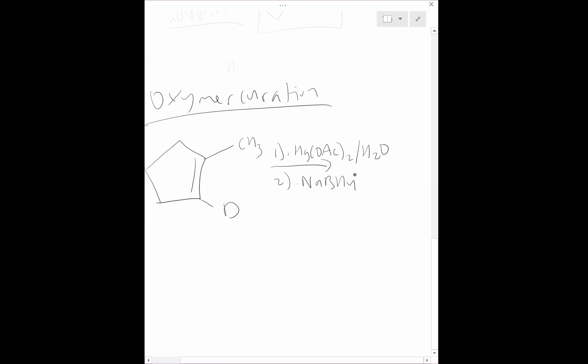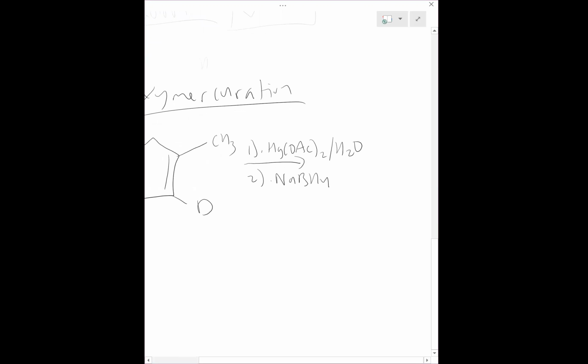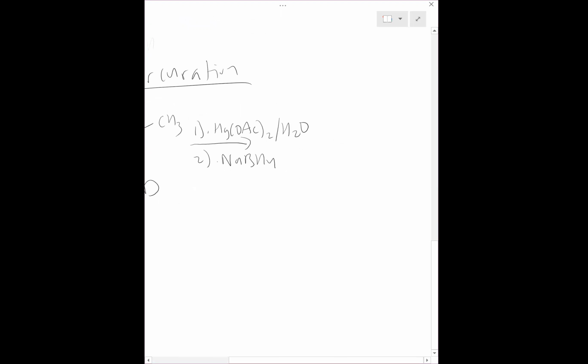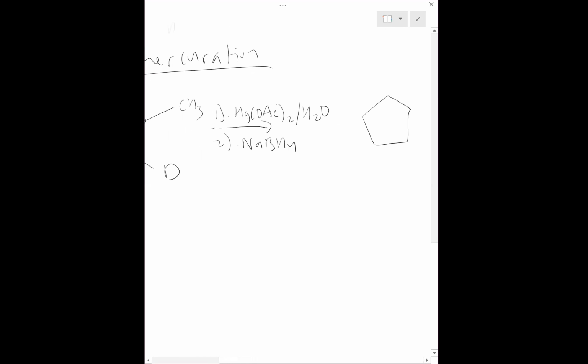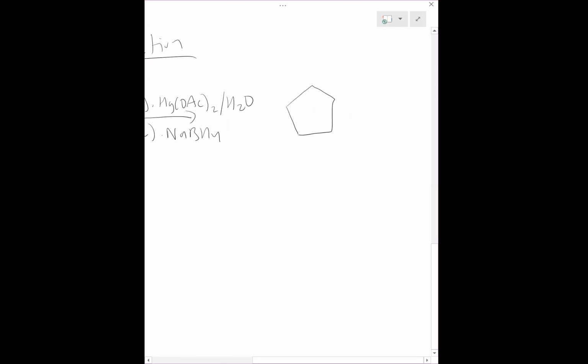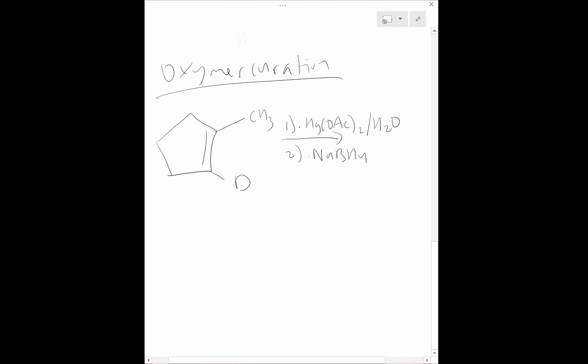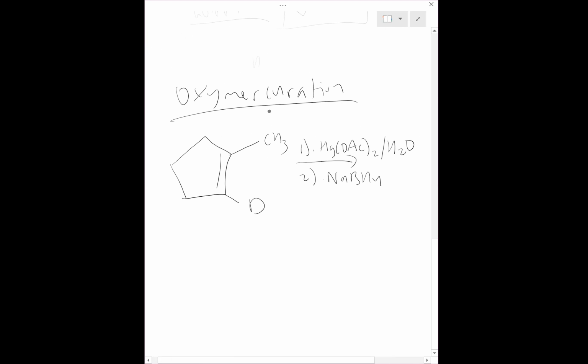If you don't know what this stuff is right now, over time you'll just end up memorizing it. Now what's special about this reaction is that it adds OH to the double bond. So it gets rid of the double bond to add an OH, and it's going to add it Markovnikov. This is a Markovnikov addition.